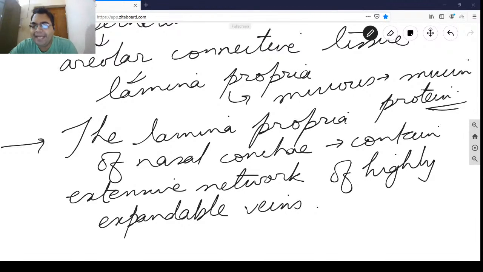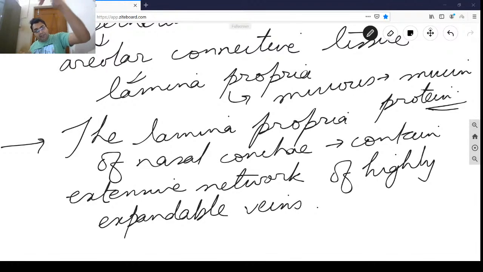Now what happens is this vascularization, meaning the presence of a lot of veins or arteries, warms and humidifies the incoming air. Understand that the temperature of the incoming air will invariably be lower than the temperature of the blood flowing through the veins.